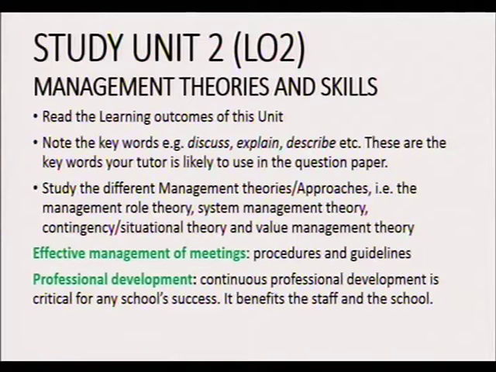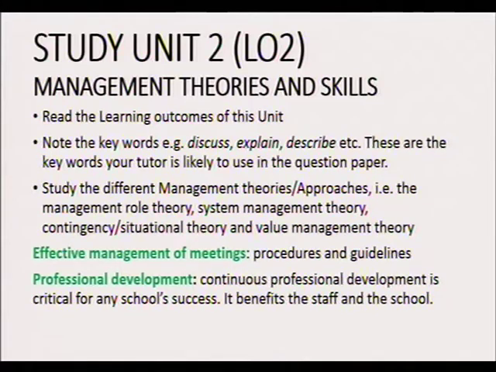And also about professional development, or continuous professional development for that matter. It is very critical for any school's success. It benefits the staff and the school. Now, this is also a typical question that one can use, because everyone at school needs to advance himself or herself in terms of professional development. For example, you are a mathematics teacher.